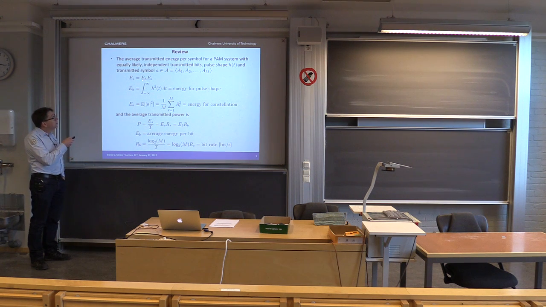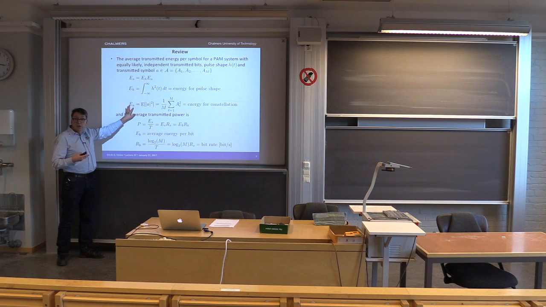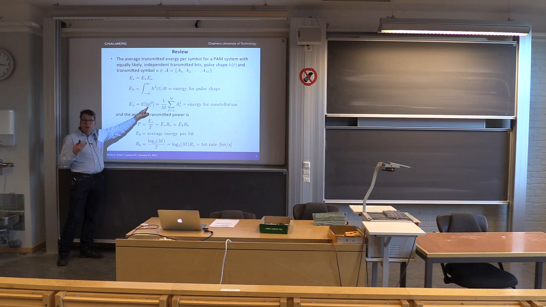It can be written as the product of EH and EA. EH is just the energy of the pulse shape that we use, and EA is the energy of the constellation. It's the amplitude which is a random variable because it's driven by the random bits that we transmit over the channel. So the constellation energy is the expected value of the amplitude magnitude squared.